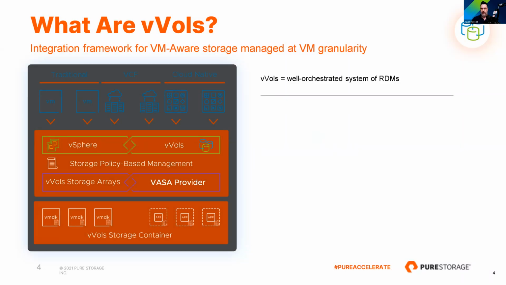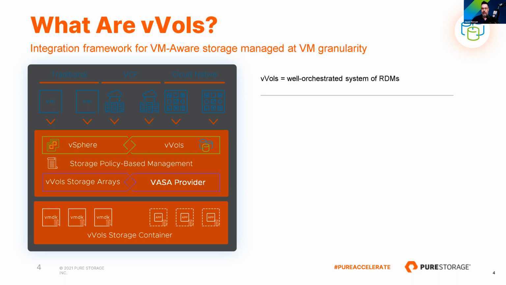If you're not familiar with vVols, vVols are becoming more and more popular. And the easiest way to think about what a vVol is, is a well-orchestrated RDM. The reason we say it that way is the vVol object itself physically resides on the array as its own entity. It's not a file on top of another file system.